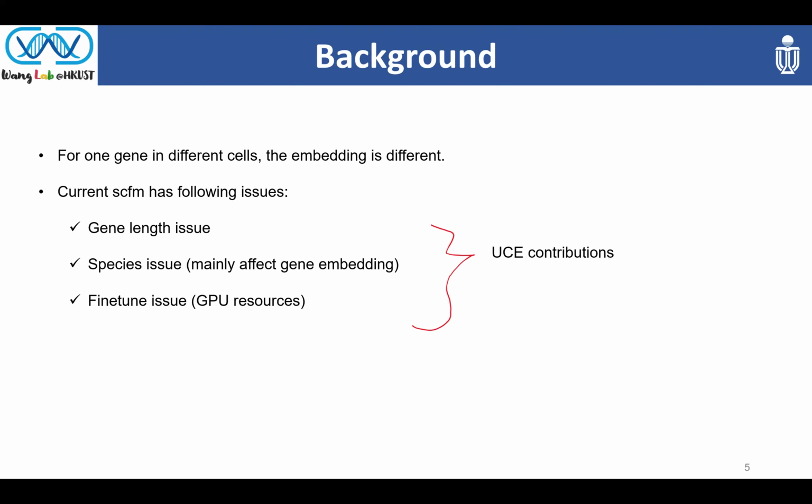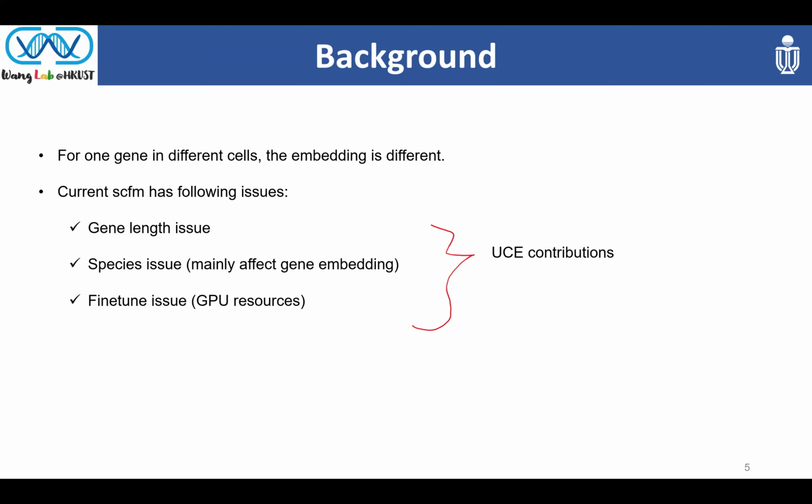The first is the gene length issue. For example, I have a data set with 20K genes, but another data set with 25K genes. However, previous foundation models can deal with only a fixed length of genes. For example, SC-BERT can deal with 16K fixed genes. You need to do a match, like looking up a dictionary: if you have these genes, you keep them; if you don't, you put 0.